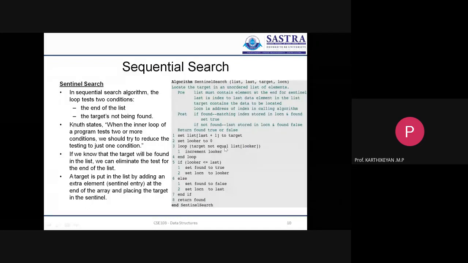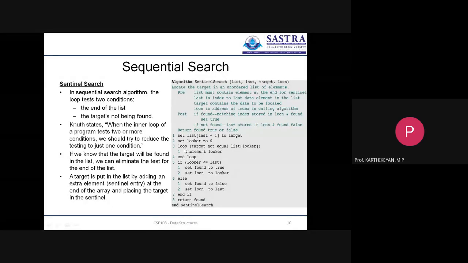Why? Because for sure the last element is the target value, so the loop will terminate at the end by default. That condition, looker less than n, we eliminated here. In this place in the algorithm we eliminated one condition.